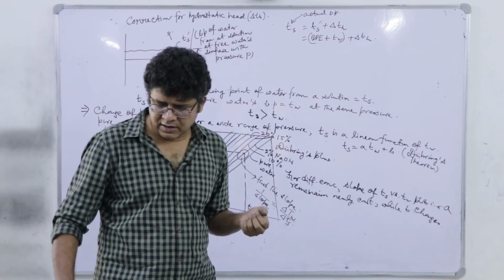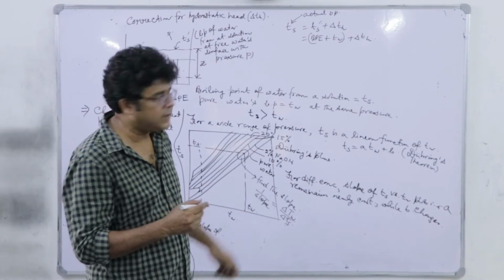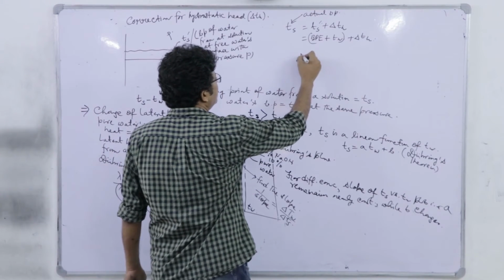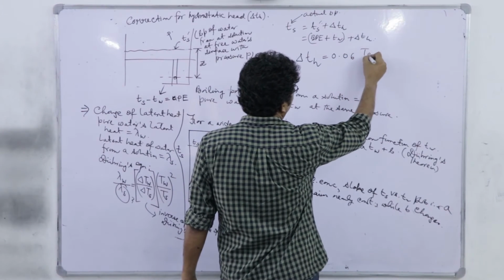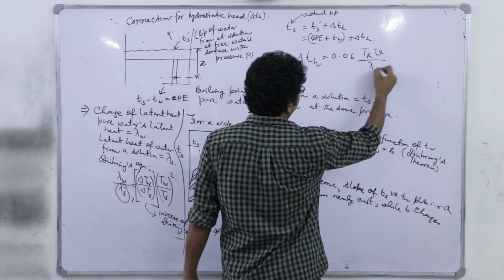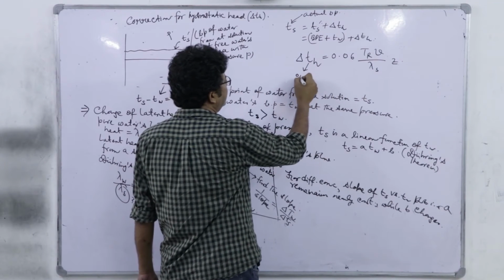So there are empirical relations, which you do not have to remember, but that empirical relation, given in the book of Kent, states Th is equal to 0.06 TR into V divided by lambda S into Z. This is an equation in the FPS system. Th is in degrees Fahrenheit.